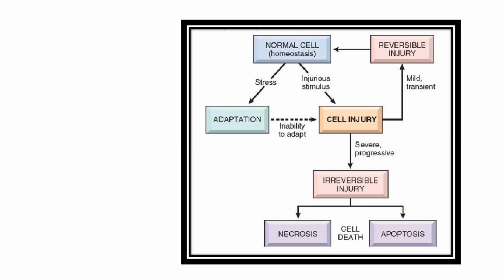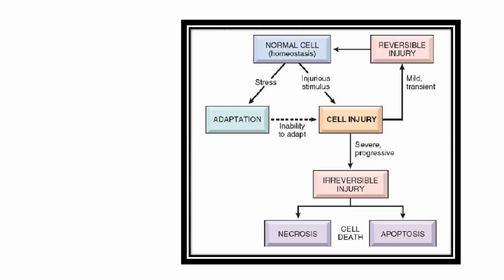Okay, it may be because of the stress. Actually, stress kills our cell. Okay, and sometimes some direct injury of the cell. Okay, so due to the stress, there is adaptation. Okay, and finally the cell injury.